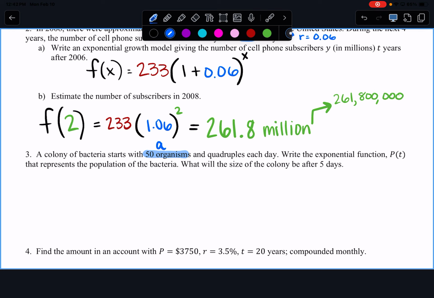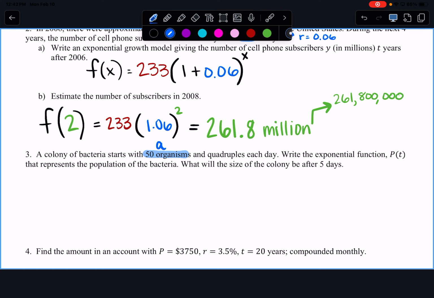Now, does this give us a percent or a rate that we can see as a percent? No. What does it tell us is happening to our number? It quadruples each day. What does it mean to quadruple? Does it go up by 4 or go up times 4?